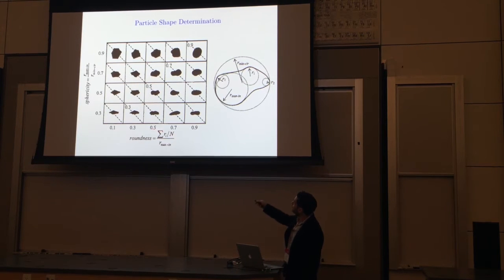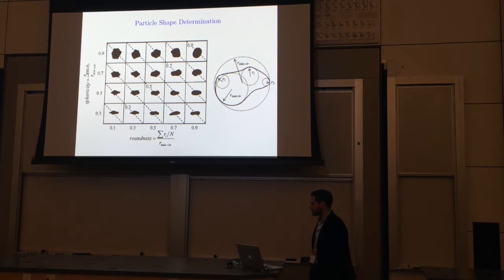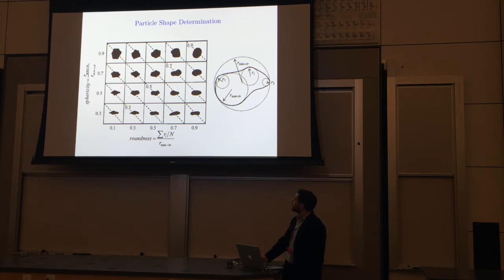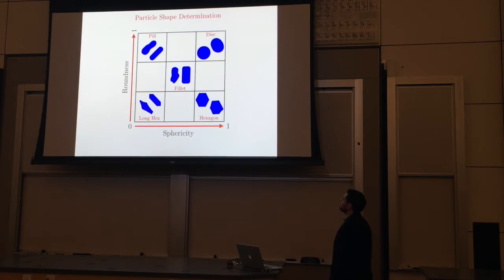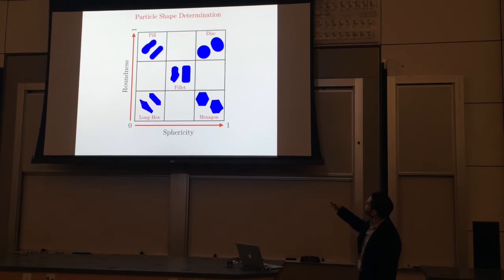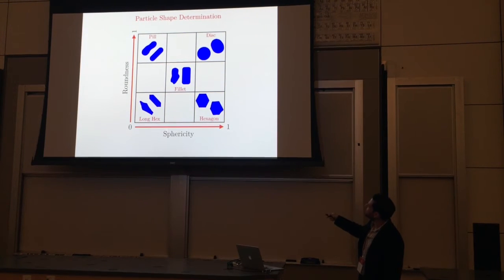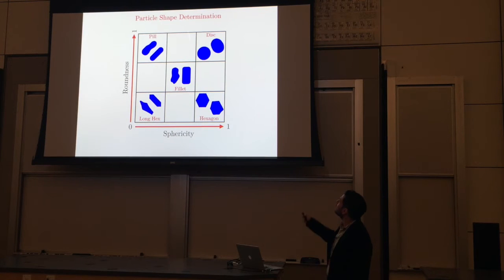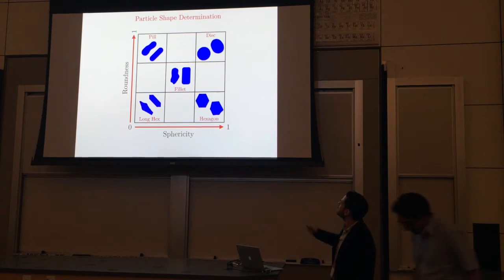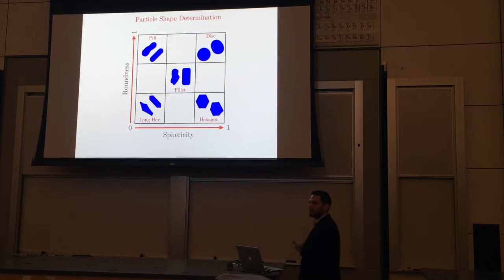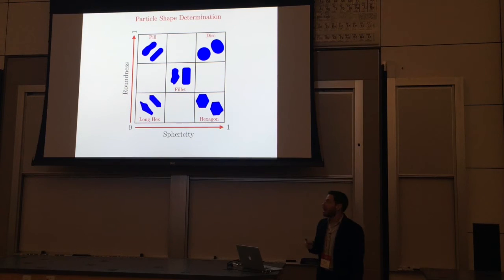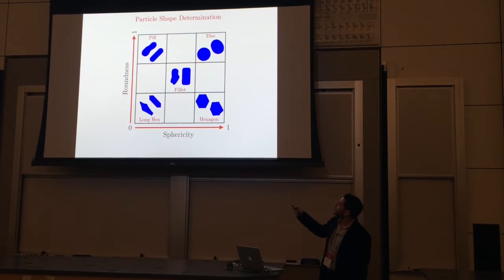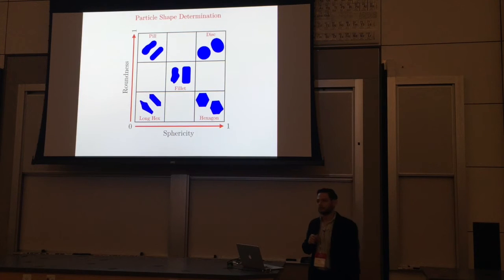Here's the table of particle morphology in terms of these two parameters. So we build our own table using these real shapes, and we have given names to them. We also use idealizations that have similar roundness and sphericity, because we want to study the effects of idealization: how different is doing the real thing or the idealized thing.